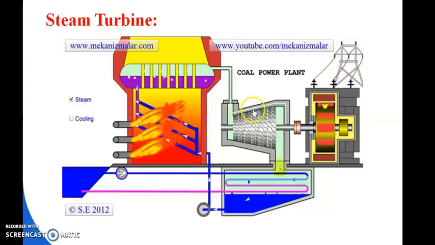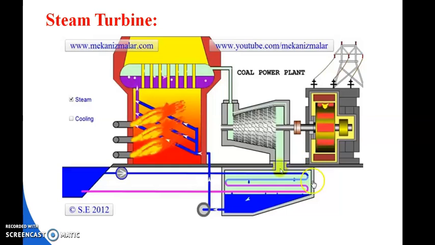And after doing some work in the turbine, the steam will become weak. It will lose pressure, it will lose temperature, as well as it will lose its enthalpy. So at the end, the steam will become wet. And that wet steam will not have the heat energy. And that wet steam will go to the condenser.